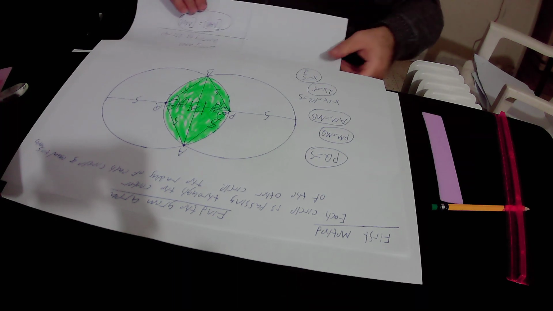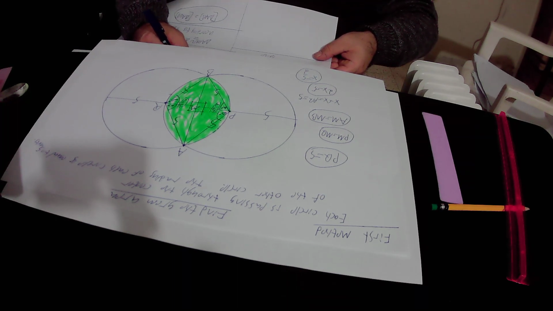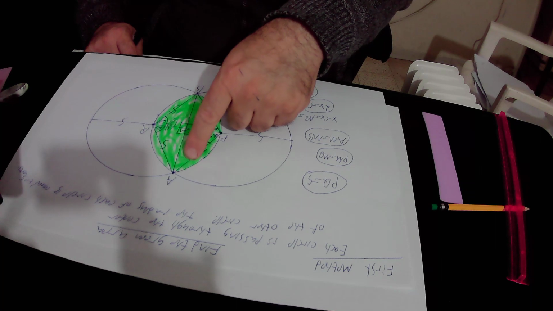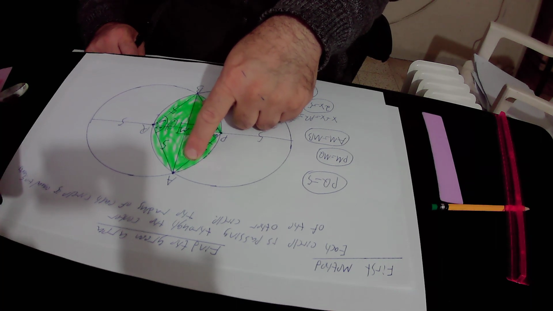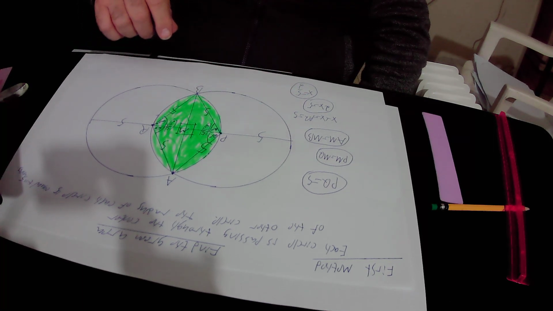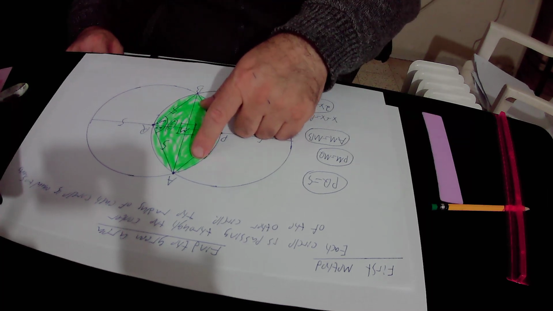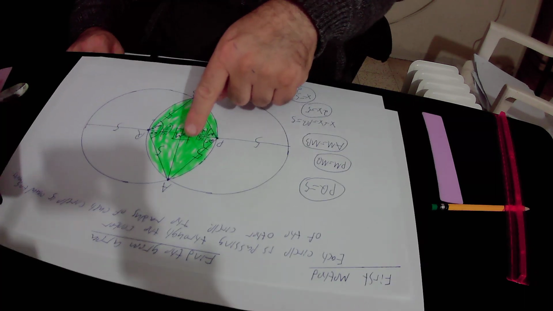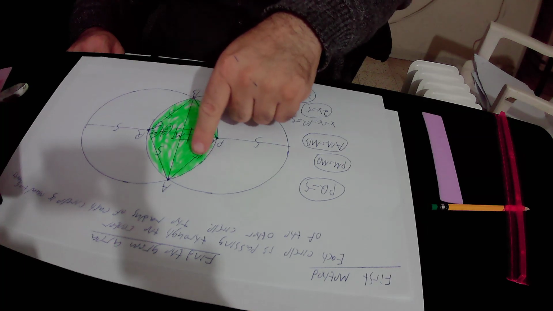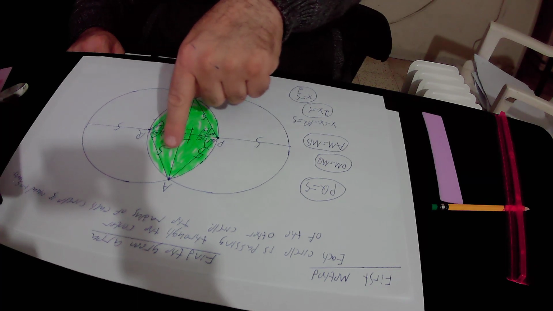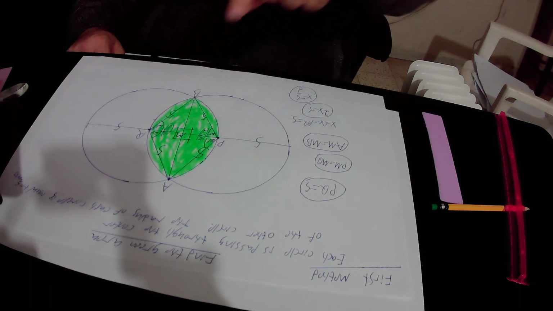And what is the area of segment APB? The area of segment APB, this half circle shape, will be equal to the area of sector AQB minus the area of triangle AQB.